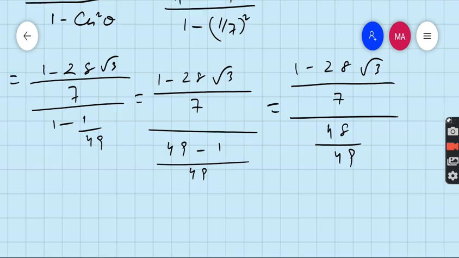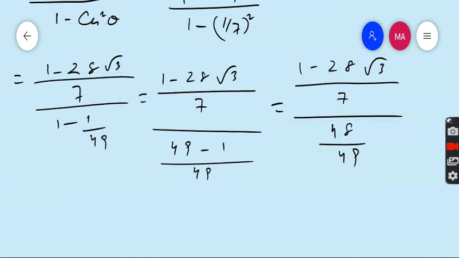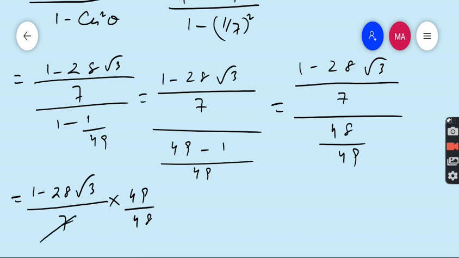Now reciprocate both the fractions. The last one, 1 minus 28 root 3 upon 7, then 49 upon 48. 7 sevens are 49.